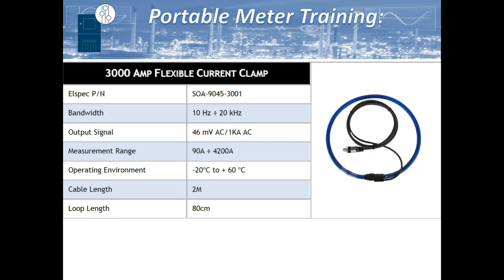And then we have the flexible current clamps, the Rogowski coils. This one is a 3000 amp flex probe. This goes around your actual line current. A couple of things to remember on this. You always want to make sure that you're under the voltage range.